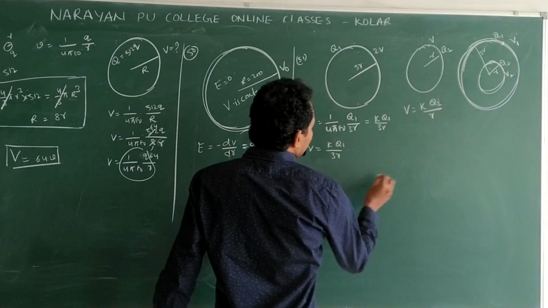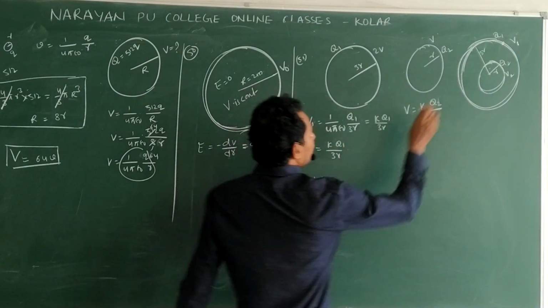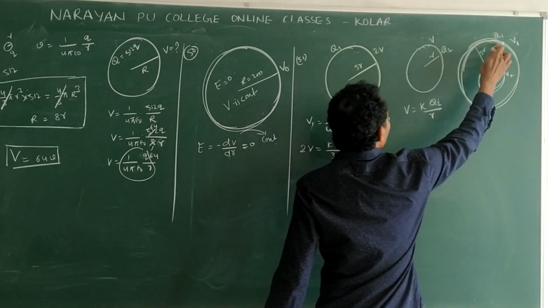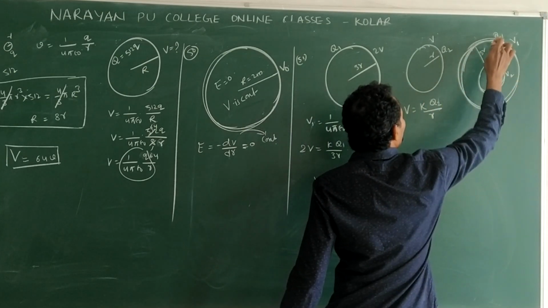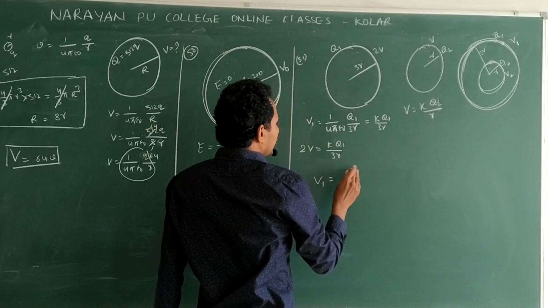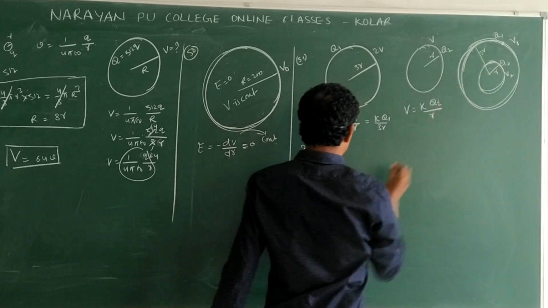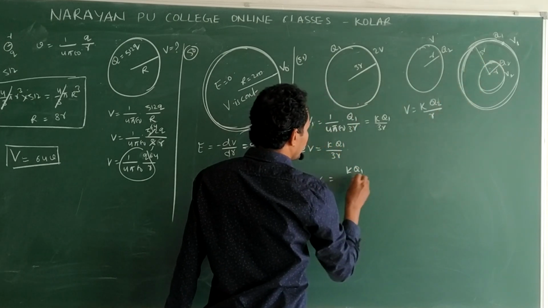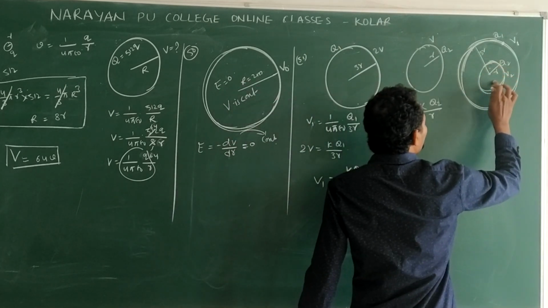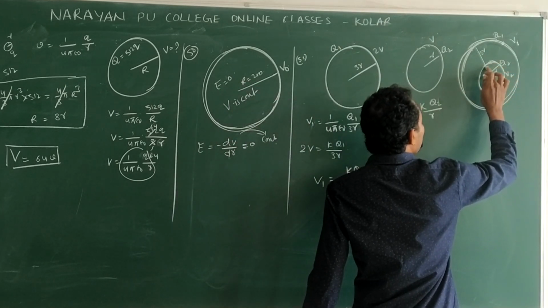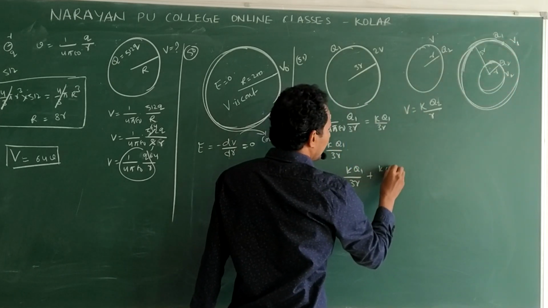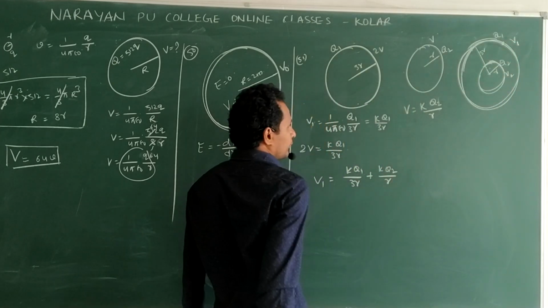Now the potential on the bigger sphere is the potential due to Q1 charge. Clear? Understand? Then how do we write here? K Q1 by 3R, and the potential due to the small sphere charge on the first sphere, plus K Q2 by R.